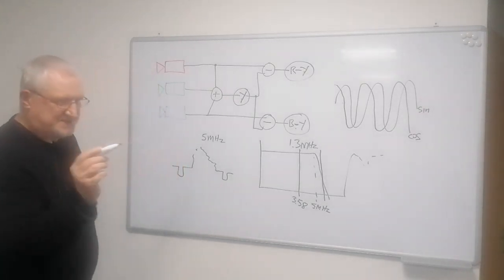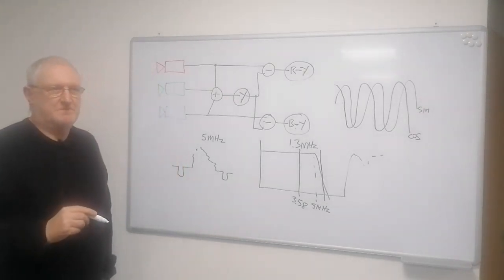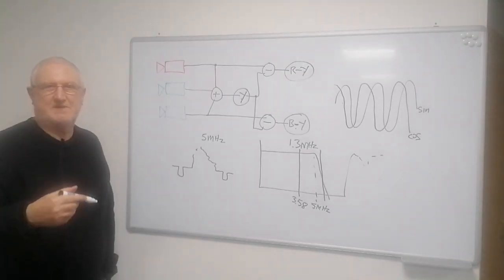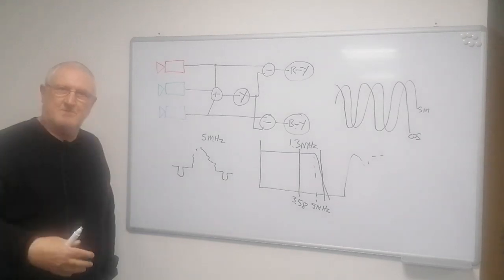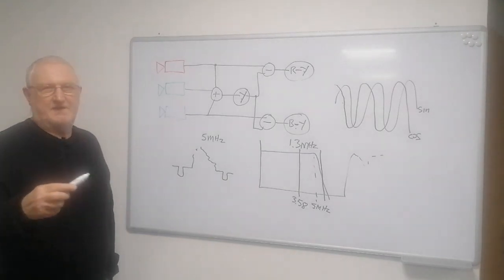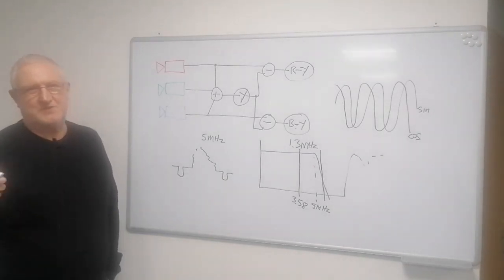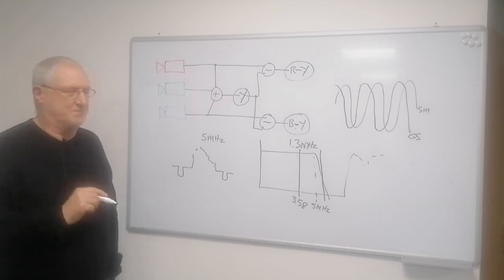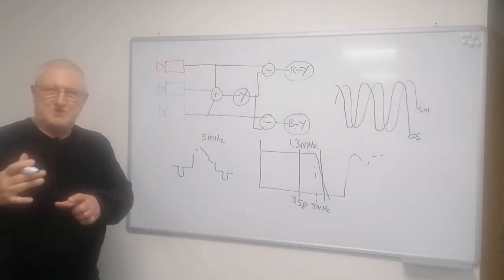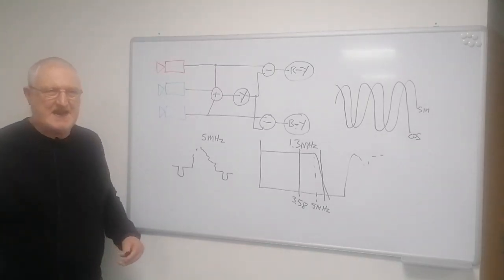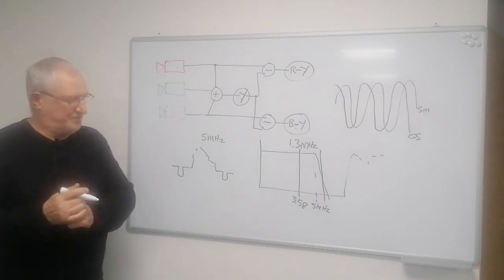Because it's a scanned signal, we have 30 Hertz and we have 60 Hertz, which are the frequencies for the vertical component. And then we have about 15 kilohertz, which is the frequency of the horizontal pulse. And we have all the multiples of that. But because it's scanned, we have those multiples.